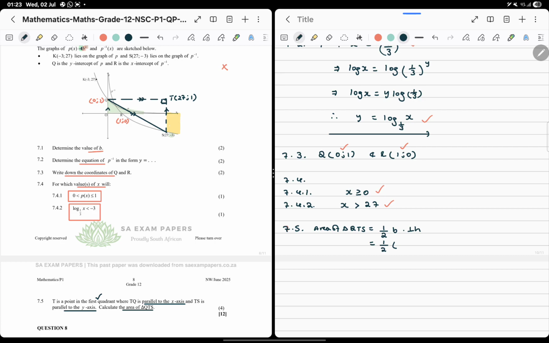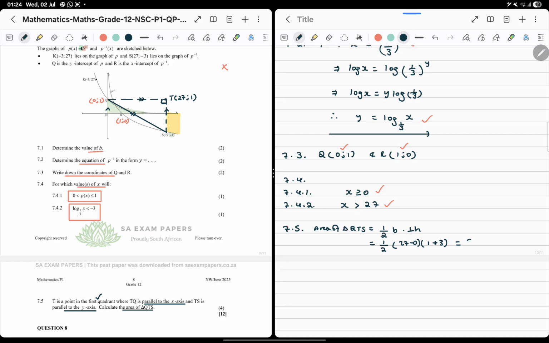The base is going to be 27 minus 0 because it's a horizontal line. Perpendicular height is going to be 1 minus minus 3, which is plus 4, which is 0.5 into 27 into 4.